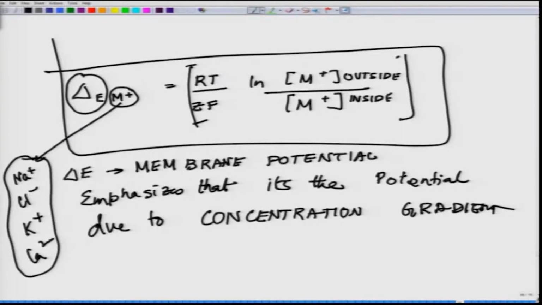Depending on the ion type, for any ion M plus, the membrane potential delta EM is given by RT upon ZF, where natural log you can translate it into log to the base 10, of course, M outside to M inside. The reason to put this M outside to M inside is because now we are switching gear for a biological cell, where you have different concentration outside and inside the cell.